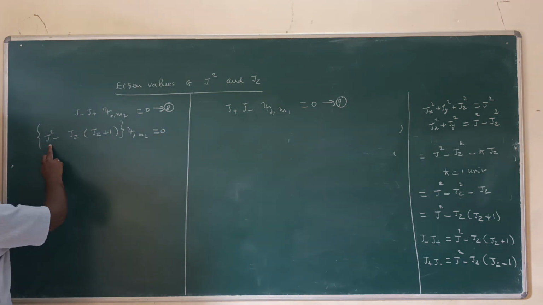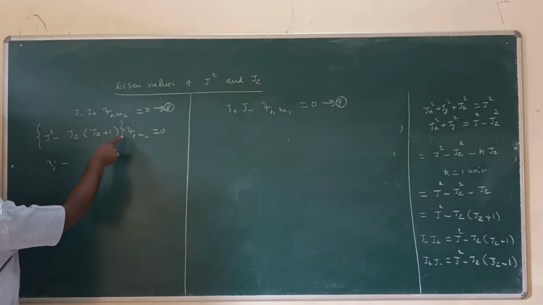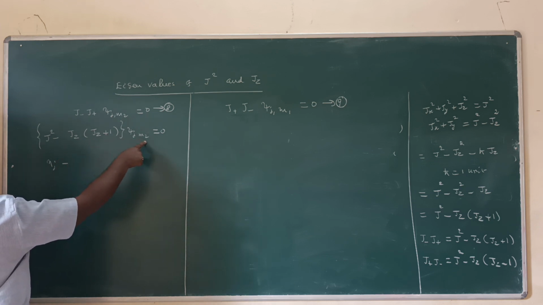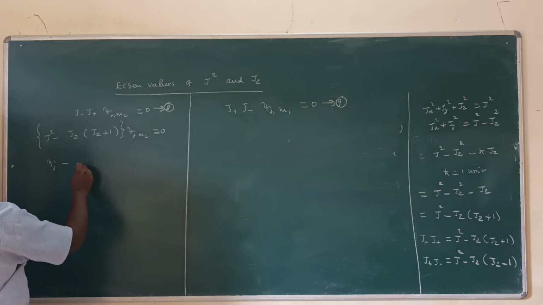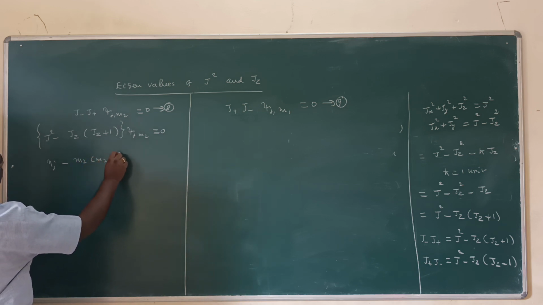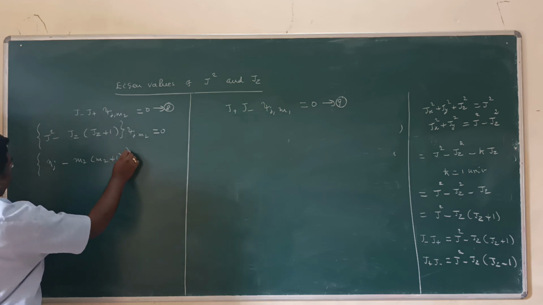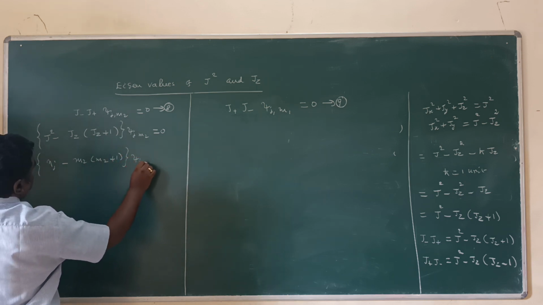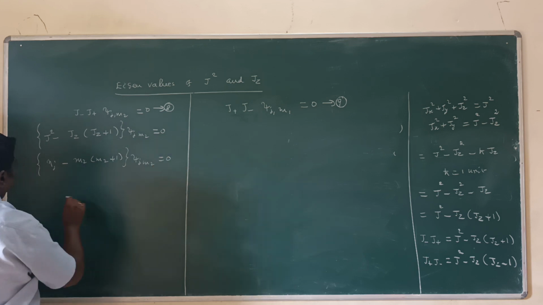The eigenvalue of J square is η_j ħ square, but ħ equal to 1 unit, so we can write [η_j − Jz(Jz + 1)] ψ, where Jz gives m, but we are using the value m2. So this is m2(m2 + 1), multiplied by ψ(j,m2) equal to 0.